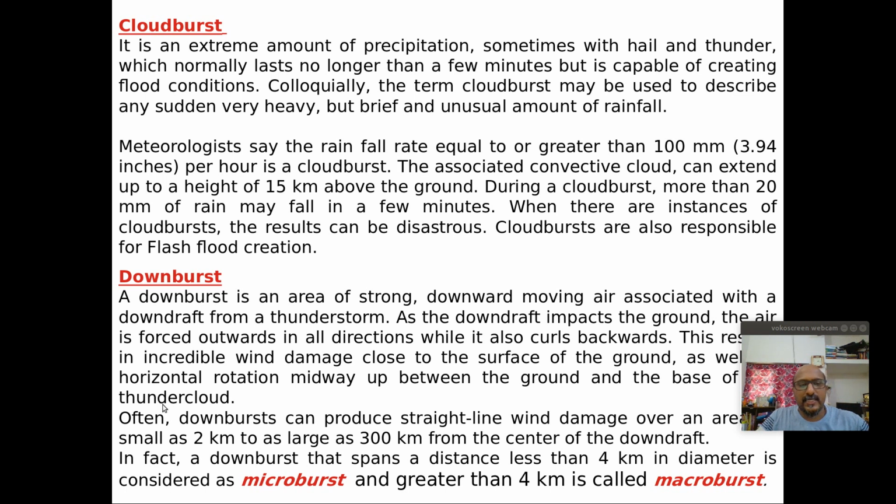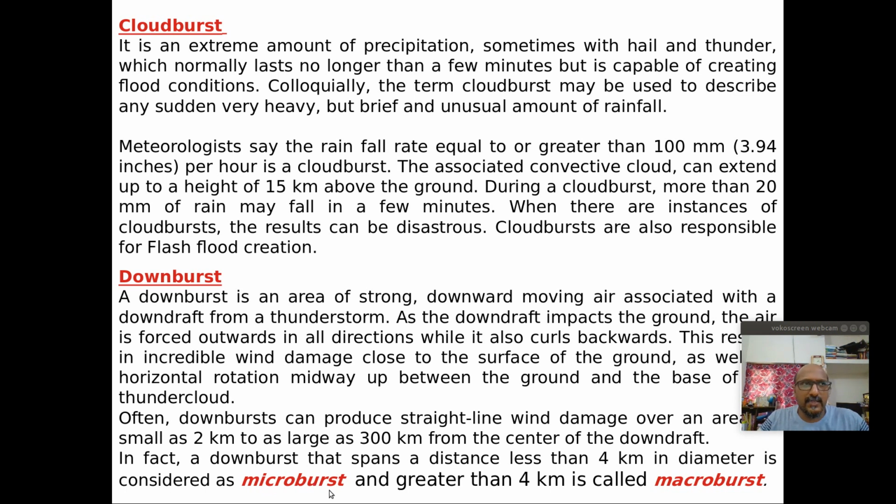Downburst is nothing but a large scale, strong downdraft happening within the cloud. If an aircraft moves beneath that cloud while the downdraft is happening, the aircraft can collide with the ground. So that is another potential hazard associated with clouds. There are two types of downburst, microburst and macroburst.